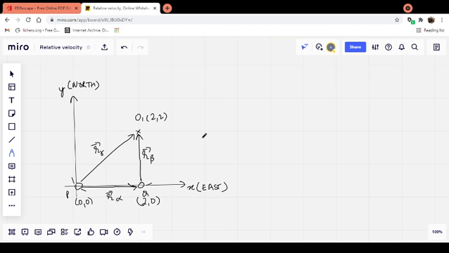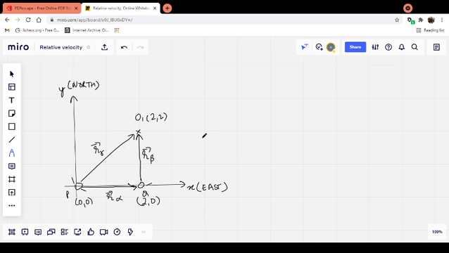So what we are trying to judge here is that Q observes O1 in the direction of R beta vector, and the person P is observing O1 in the direction of R gamma vector.